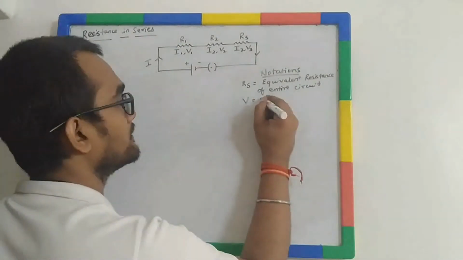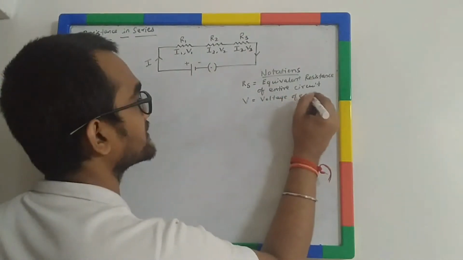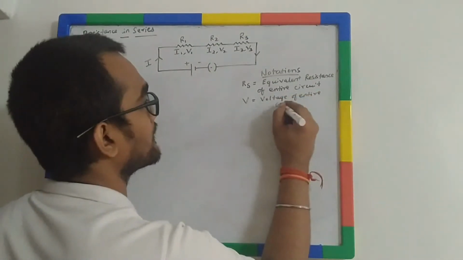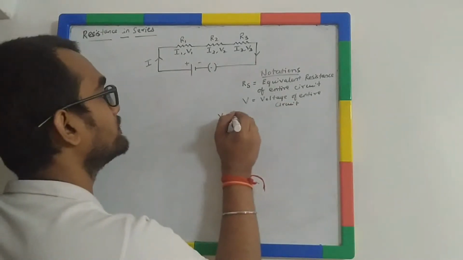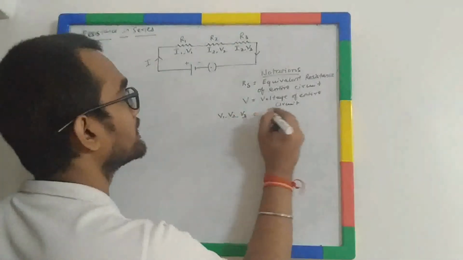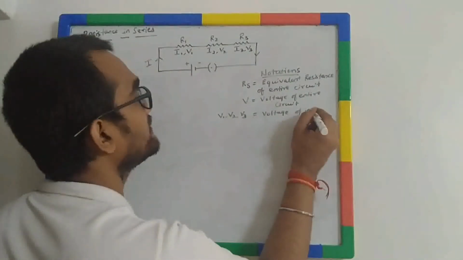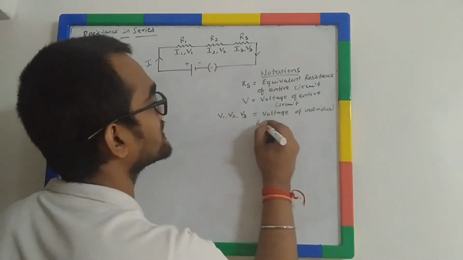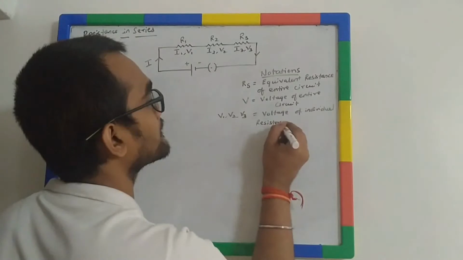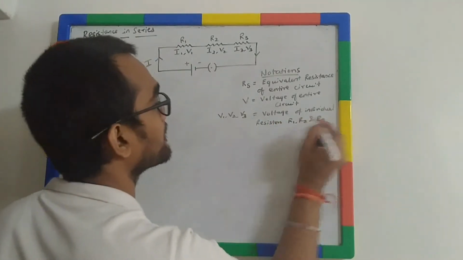V is the voltage of the entire circuit. V1, V2, V3 are the voltages of individual resistors R1, R2 and R3.